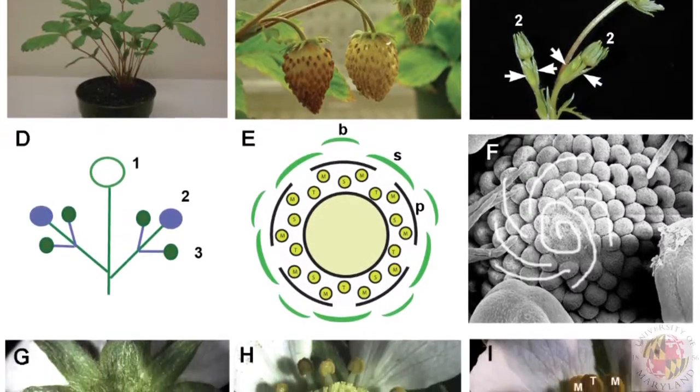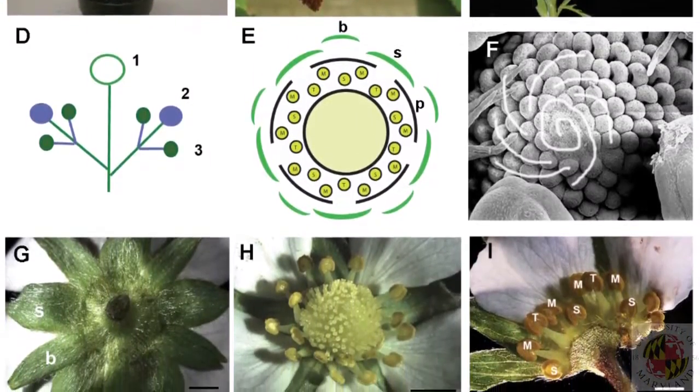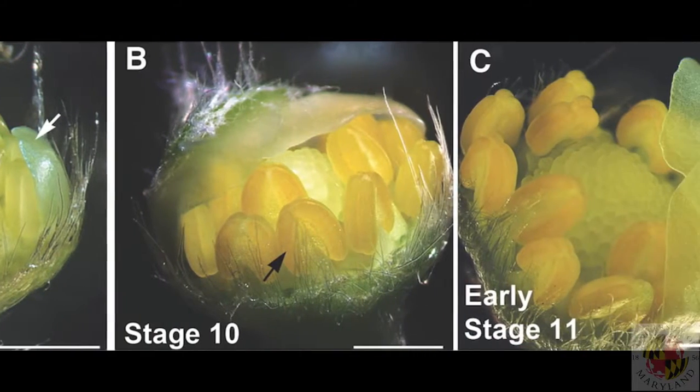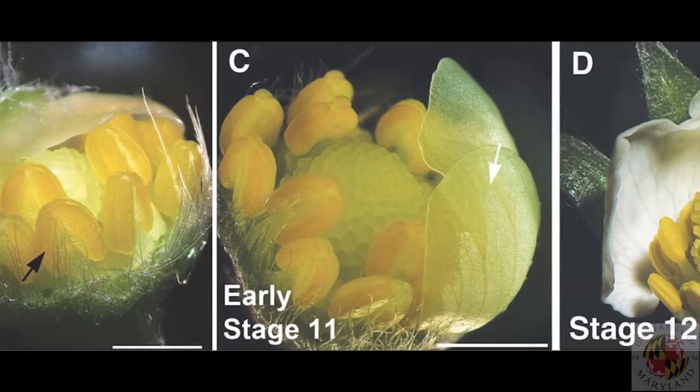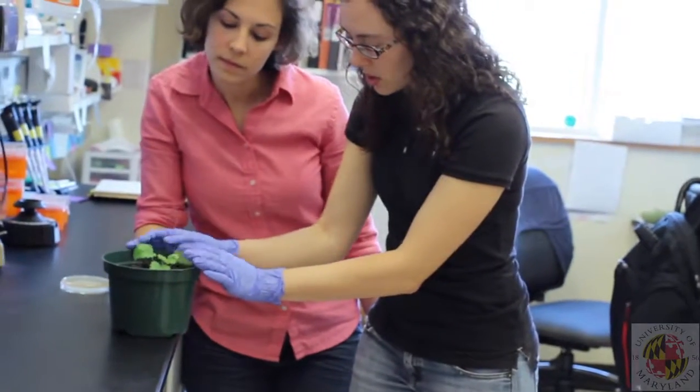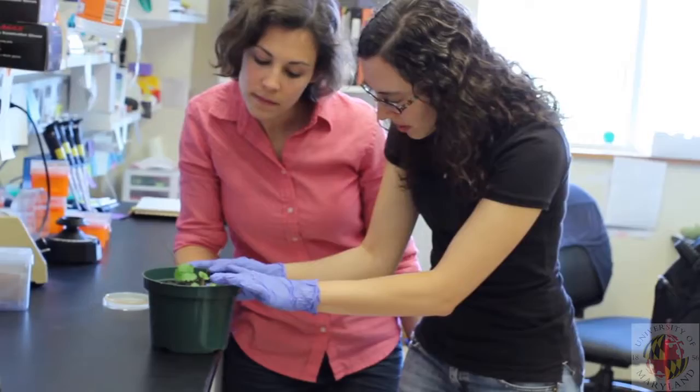In order to understand how the diploid strawberry flowers and fruit develop, we first determined the developmental progression of flower and fruit development. By understanding the morphology of this developmental process, we can better look at the molecular events underlying the developmental progression and eventually identify the genes that control these processes.